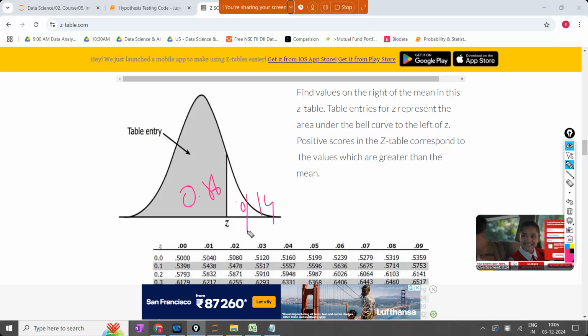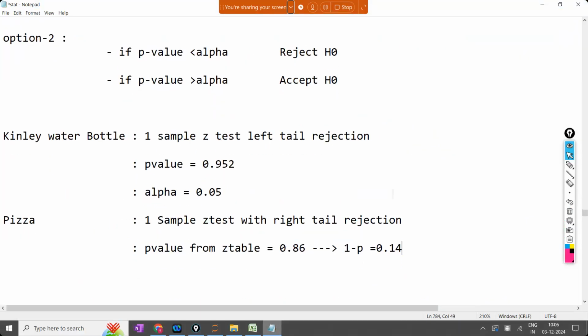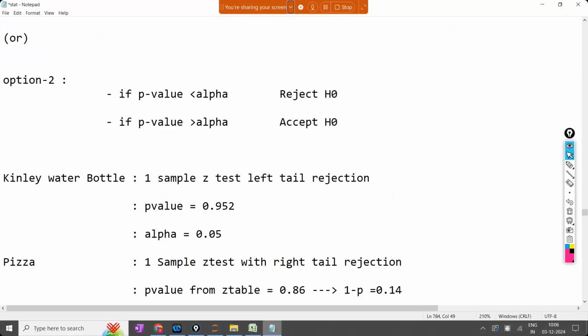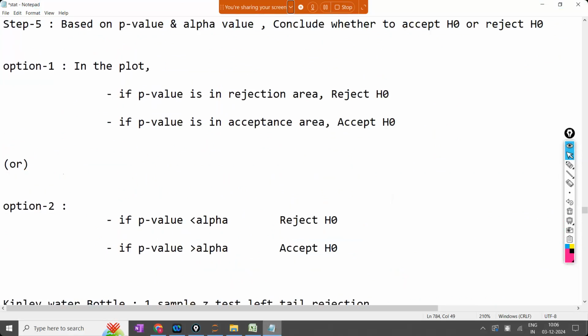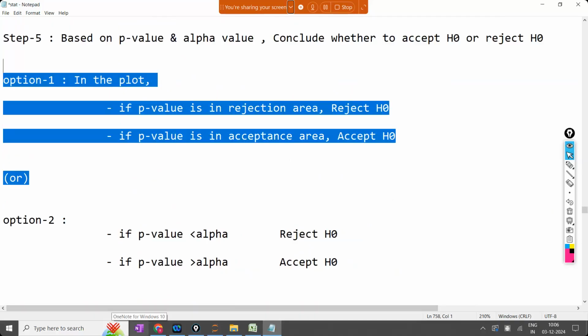If you have to go with option number 2, then you have to go like this. Clear, guys? This question comes only for one sample. For more than one sample, no discussion on this. The plot concept will not be available. The plot concept is applicable only for one sample because you are drawing only one plot there.